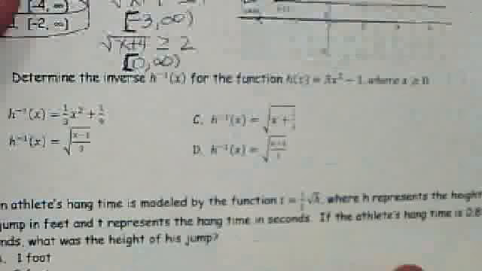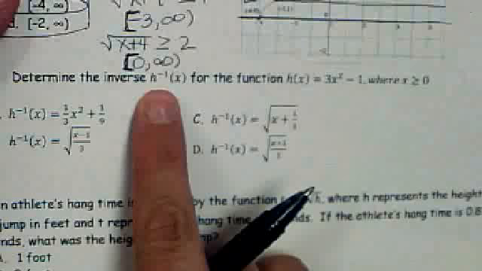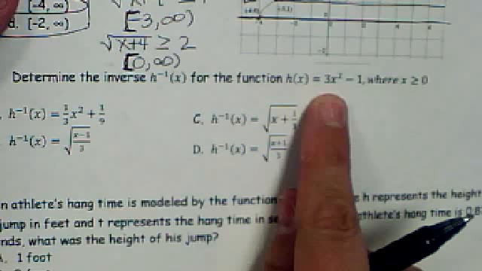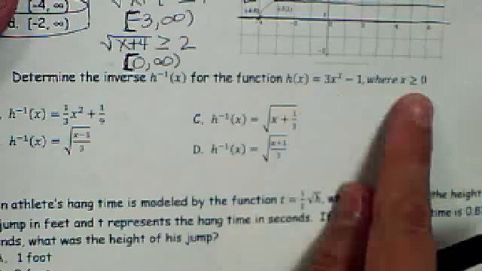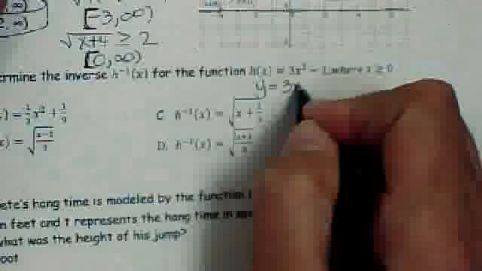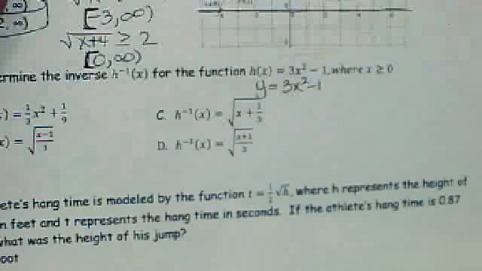Number 4. Determine the inverse, so inverse of h, for the function h of x equals 3x squared minus 1, where x is greater than or equal to 0. So this is y equals 3x squared minus 1. To find the inverse function, I switch the x and y.